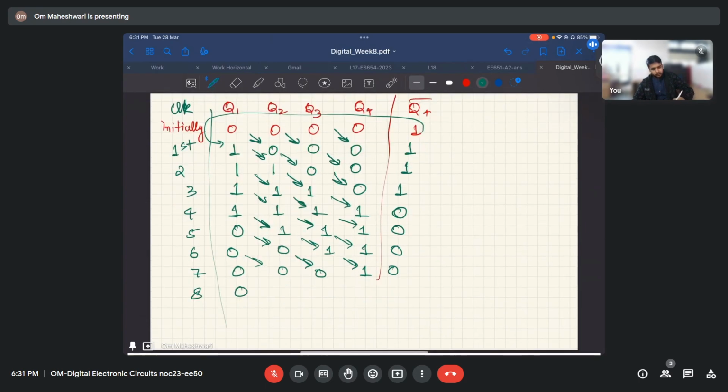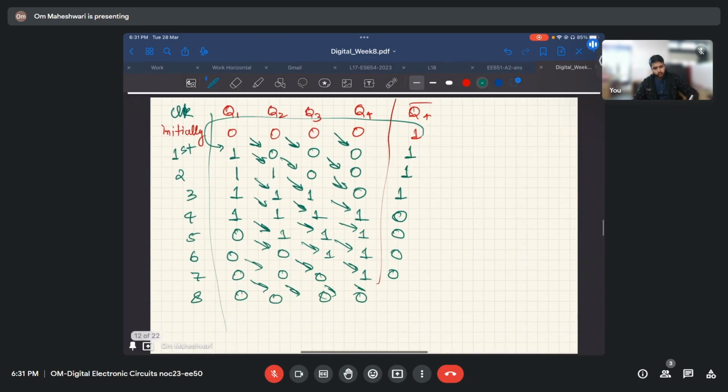In the 8th cycle we have 0 0 0 0 again, right? So it took a total of 8 clock cycles to go from this state back to this state.